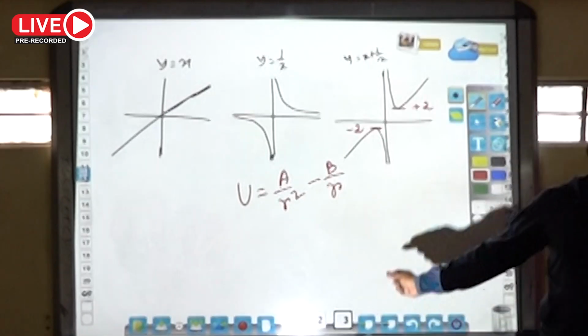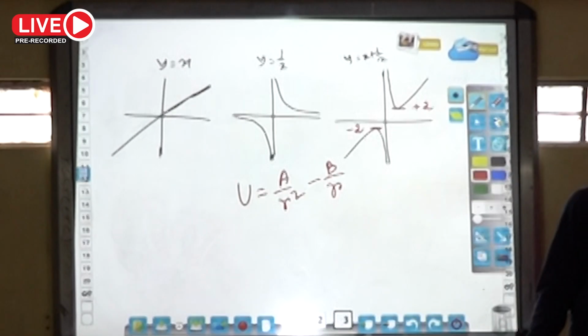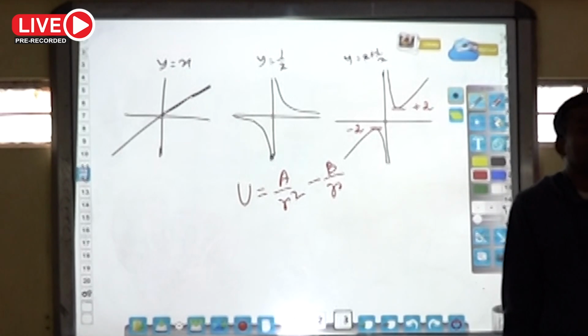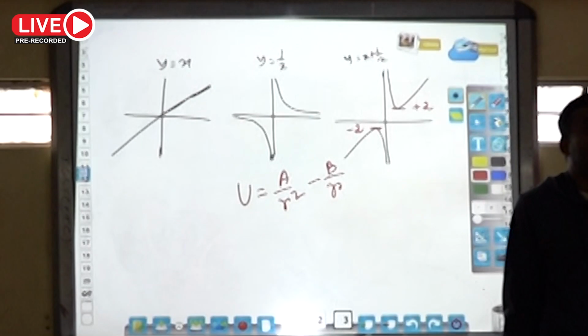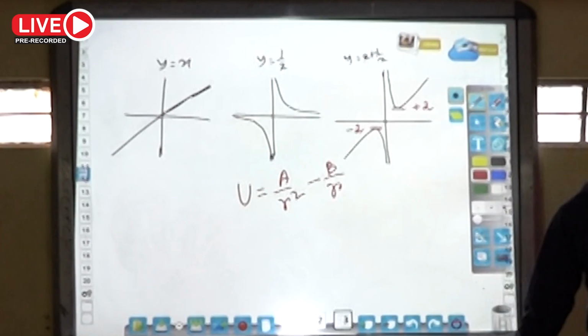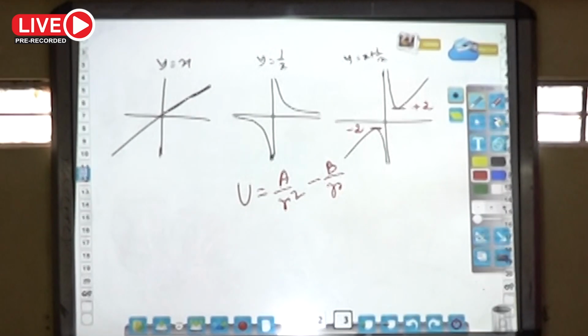Stable equilibrium means the potential energy function U will have d2U/dx2 stable, meaning minimum potential. Minimum potential means the second derivative will be positive. So check. Now solve the problem.